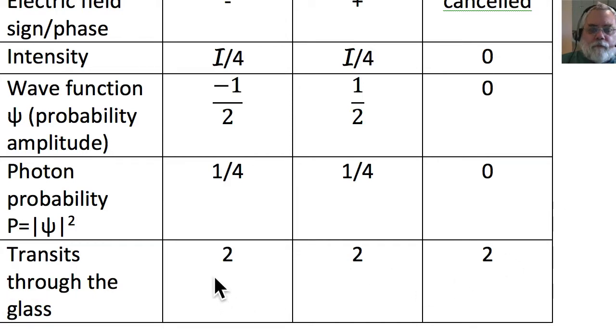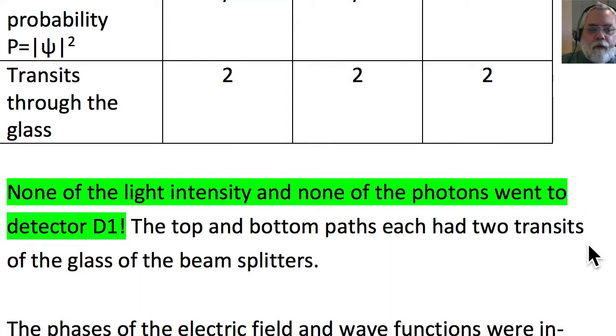Whether we went through the top path or the bottom path, both paths experienced 2 transits through the glass on the way to detector D1. None of the light intensity and none of the photons went to detector D1. The top and bottom paths each had 2 transits of the glass of the beam splitters.